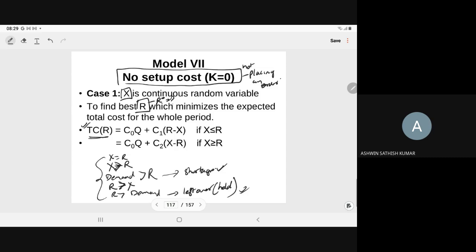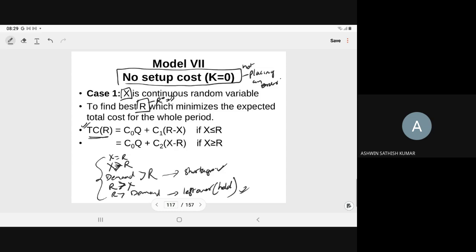Both cannot happen simultaneously because it is a short period model. Holding is for the leftover items after the end of the period.